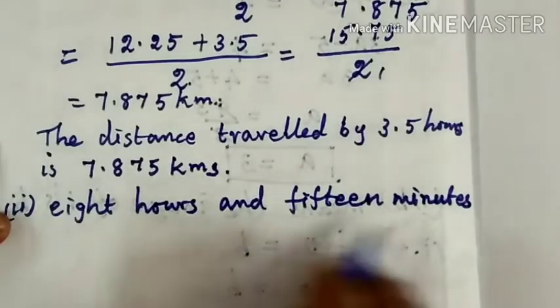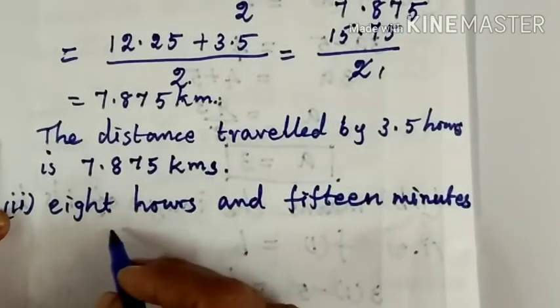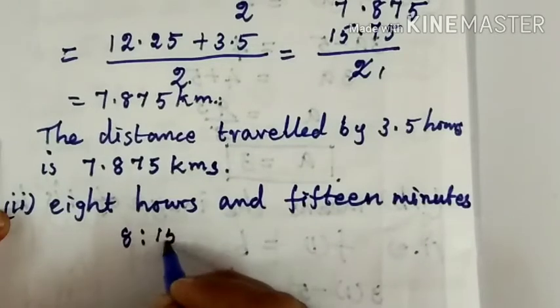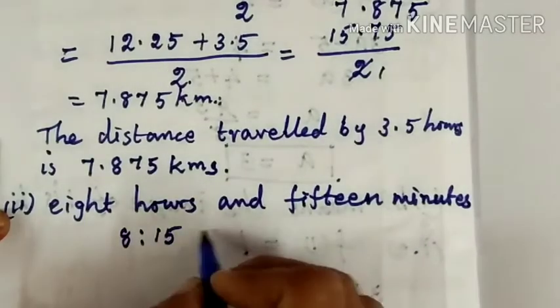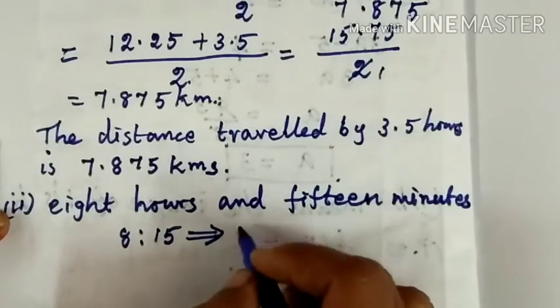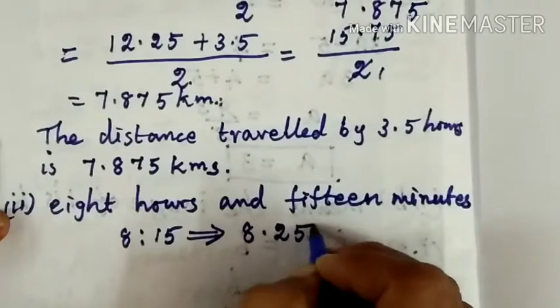Eight hours and 15 minutes. In time we can write it as 8 hours 15 minutes. In decimal it can be written as 8.25.